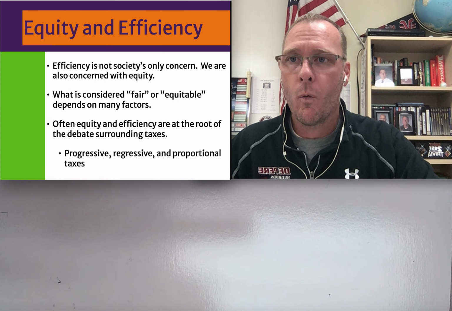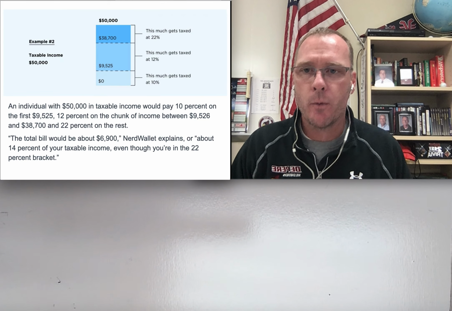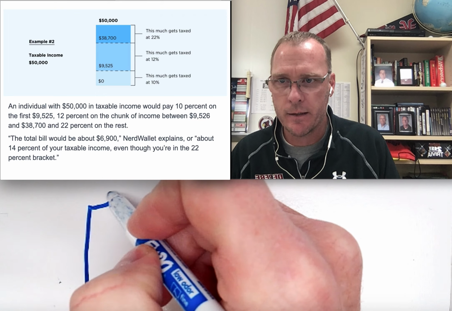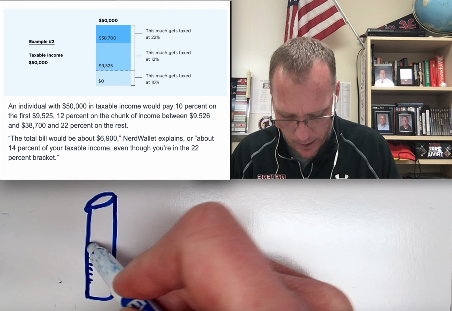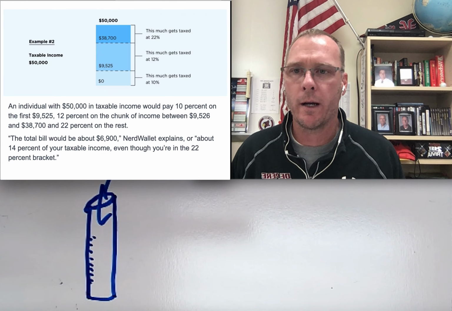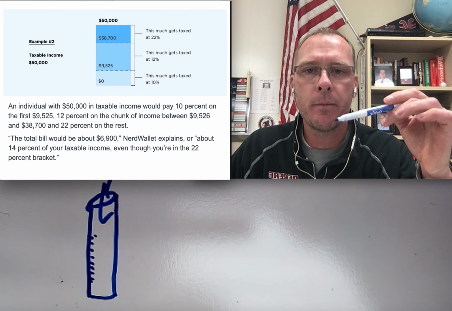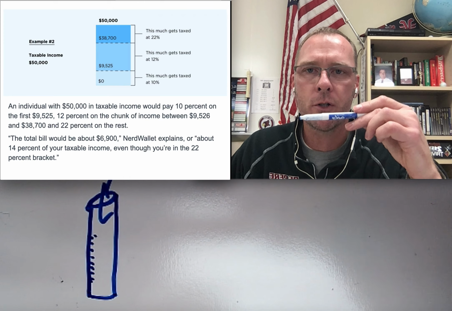Why? Well, because the taxes work like a graduated cylinder, right? So if you think about this as your science class, and here's the little cylinder, and it's got those little marks on it, right? What you're doing is you're pouring income into that cylinder. And every time you hit a certain point, you're not paying taxes on the bottom portion that you're pouring in.